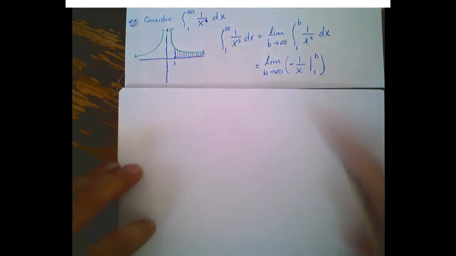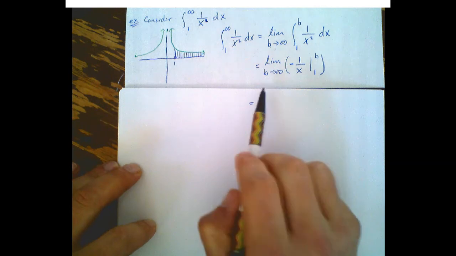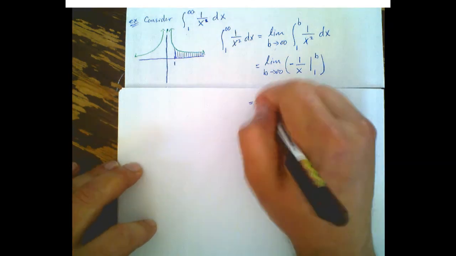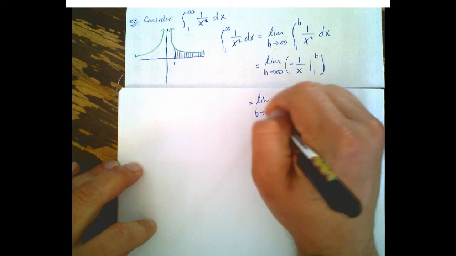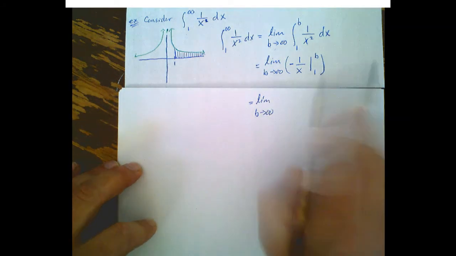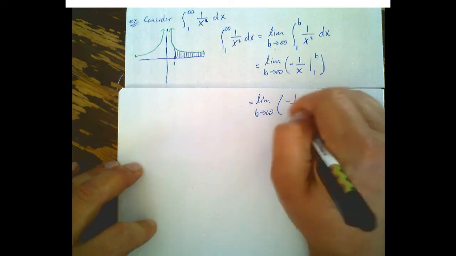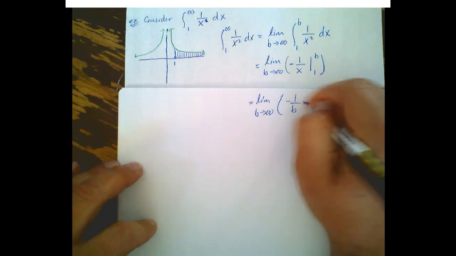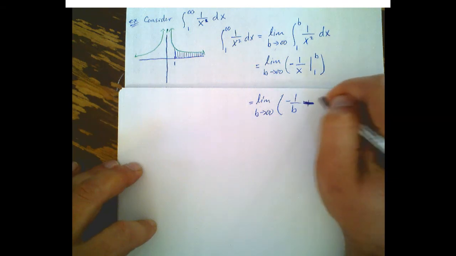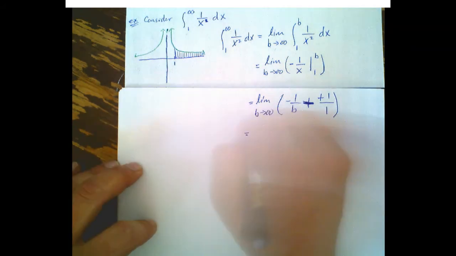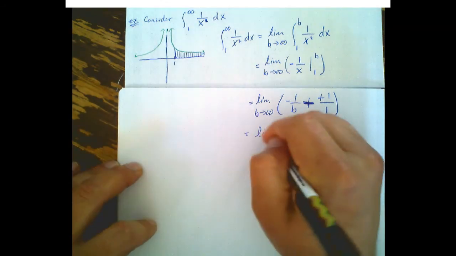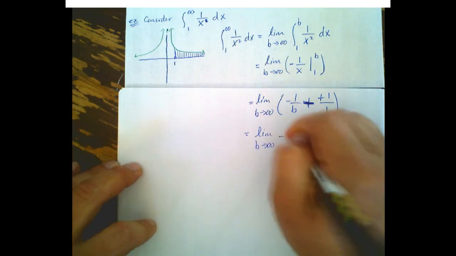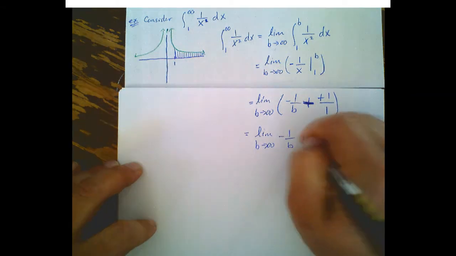We're going to leave the limit to the very end. Now let's use the fundamental theorem of calculus on this. That would be negative 1 over b minus negative 1 over 1, which would become a plus, right? So we're looking at the limit as b goes to infinity of negative 1 over b plus 1.